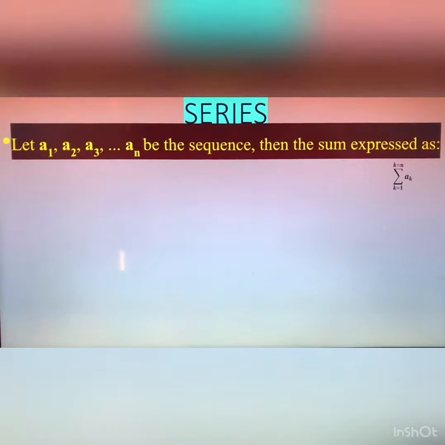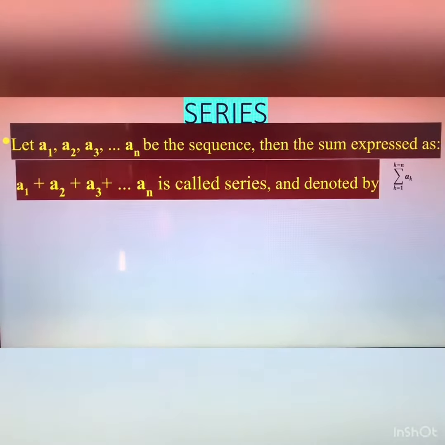Now series. What do you mean by series? Let a1, a2, a3 and so on up to an be a sequence, then the sum expressed as a1 plus a2 plus a3 plus and so on up to an is called a series, and it is denoted by sigma of ak, for k equal to 1 to n.